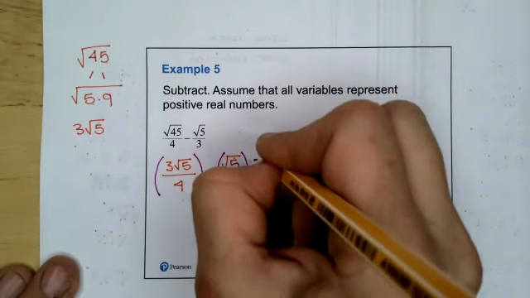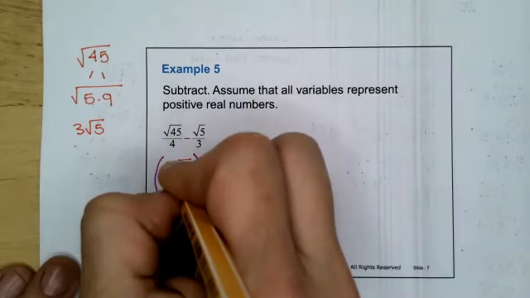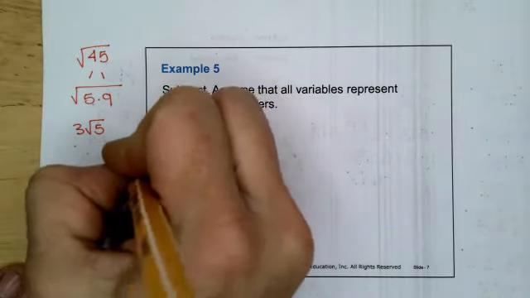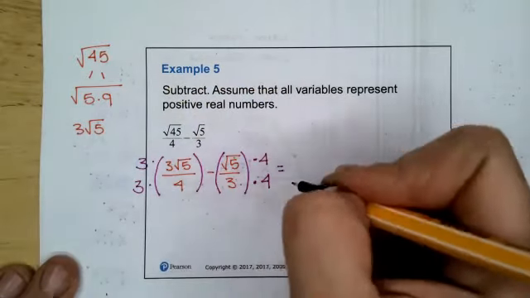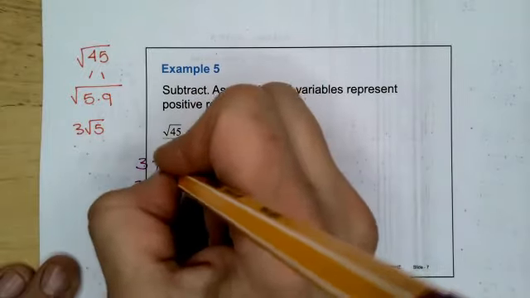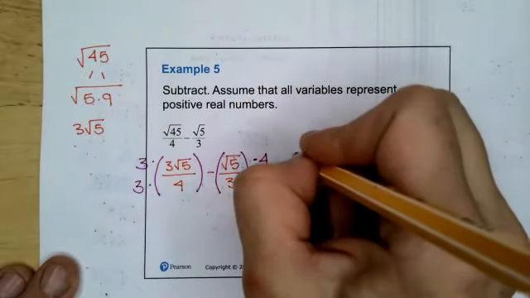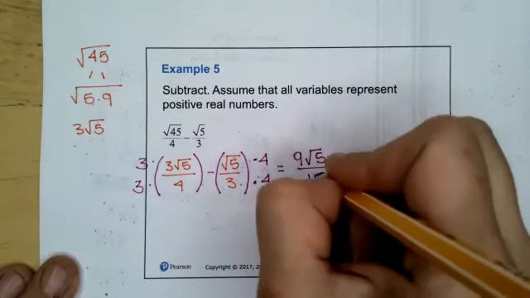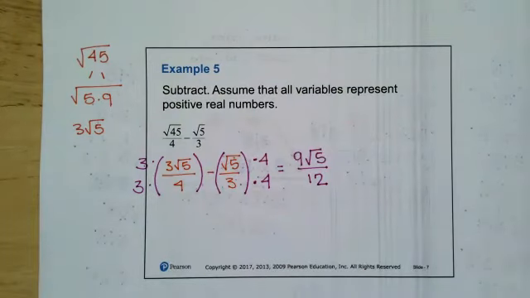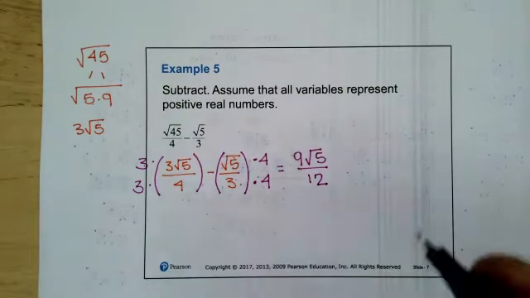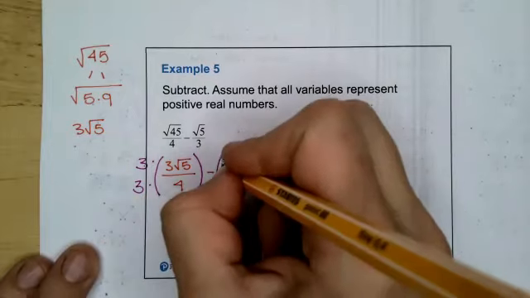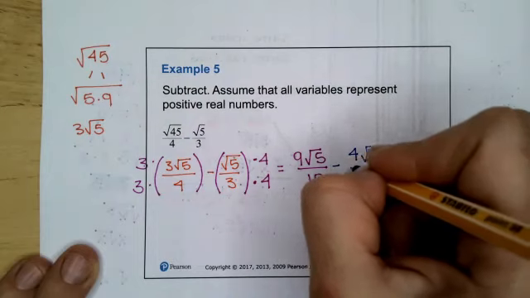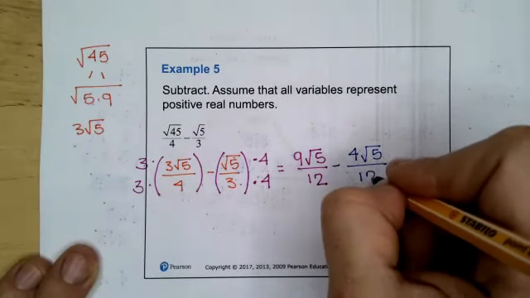Anything I do to the bottom, I do to the top. To get 12 here, I'm going to multiply 4 times 3. Anything I do to the bottom, I do to the top. Okay, so 3 times 3 square root 5 becomes 9 square root 5. 3 times 4 becomes that 12 we wanted. Keep the minus sign. The square root of 5 times 4 is just 4 square root of 5. The 4 times the 3 is that 12 we wanted.